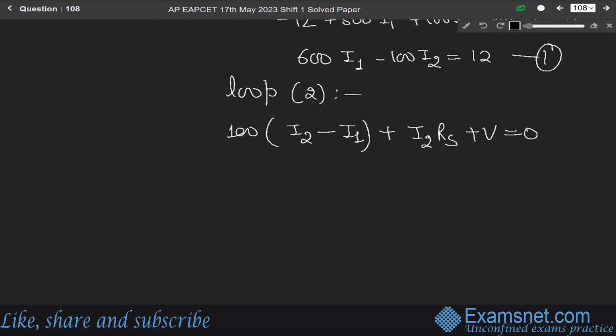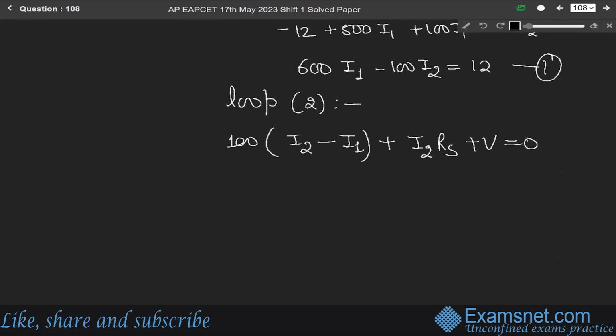So solving it, we get I2 equals 0, and so minus 100 I1 plus V equals 0.